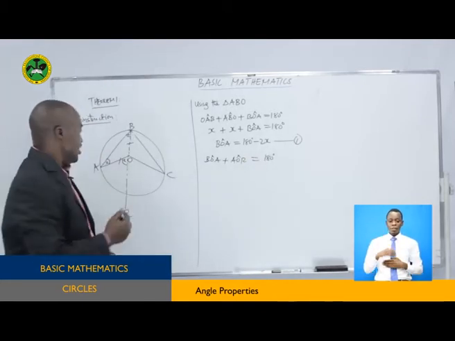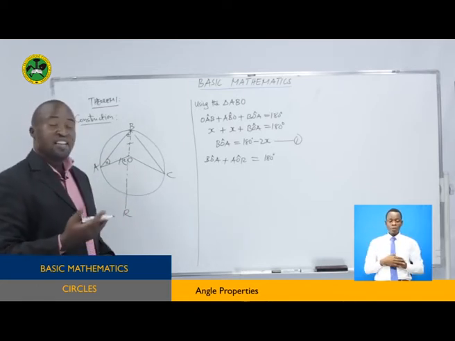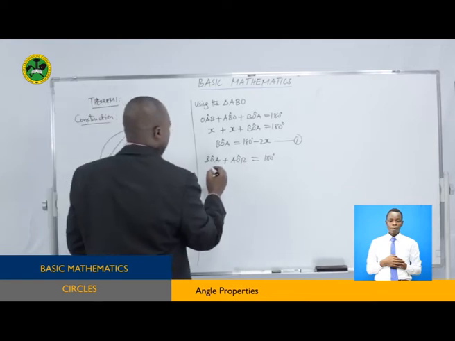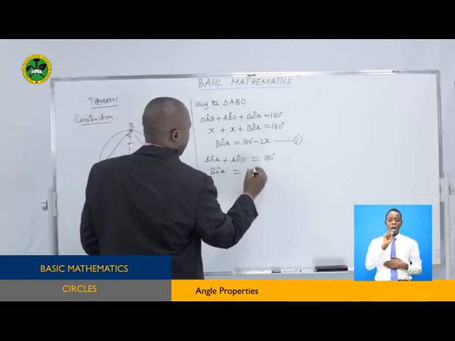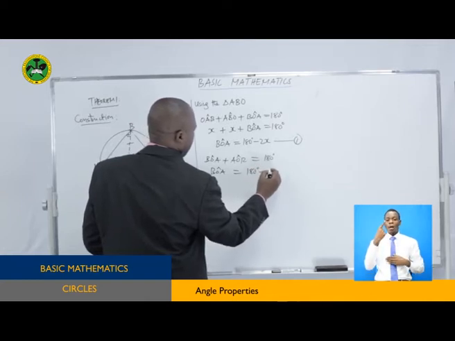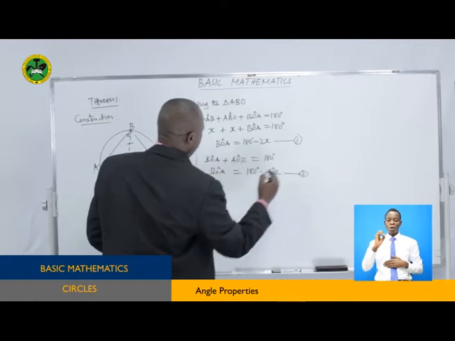That is the straight angle. Now again, let us make BOA the subject. That is BOA is equal to 180 degrees minus AOR. Now call this equation 2.